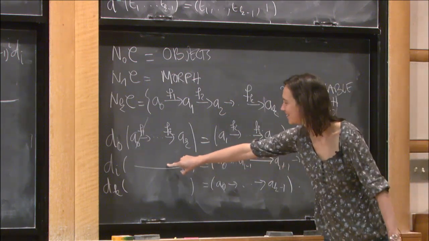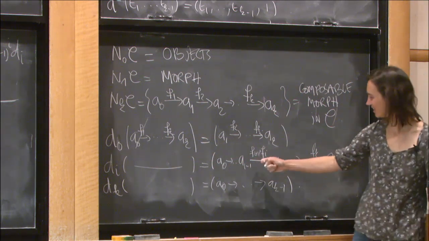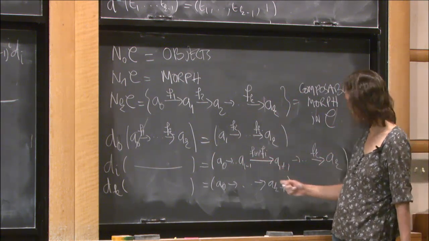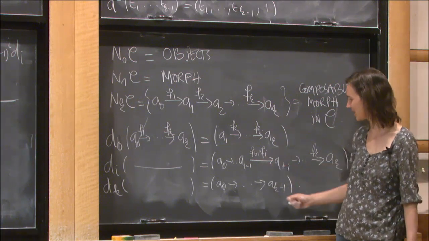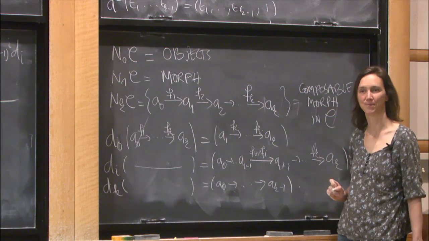So d_i composes in the middle when i is not 0 or k, and otherwise I drop the first or I drop the last. It's easy to remember.